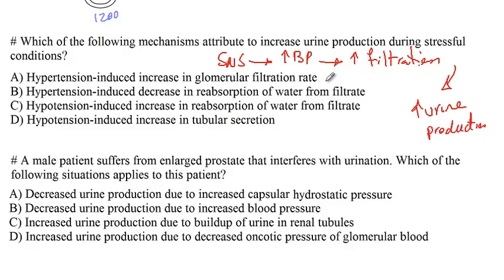So let's see which of these answer choices meets this explanation criteria. So hypertension induced increase in glomerular filtration rate, that is correct. Next, hypertension reduction in reabsorption of water. No, hypertension doesn't really affect reabsorption or secretion, so that's not correct. And then hypotension, again, that is incorrect because stressful conditions will cause hypertension, not hypotension.